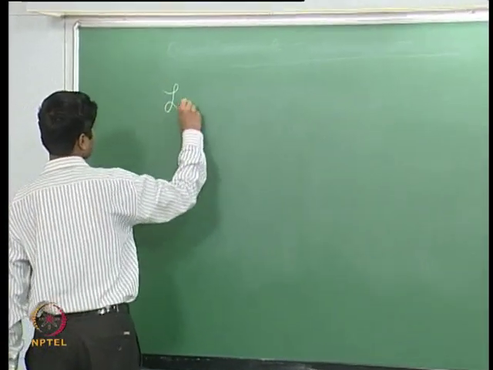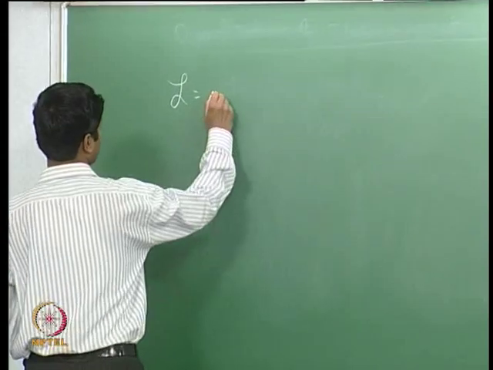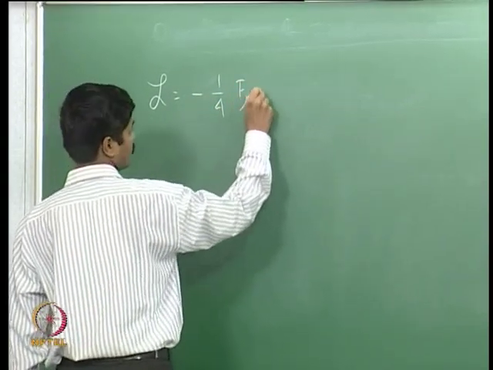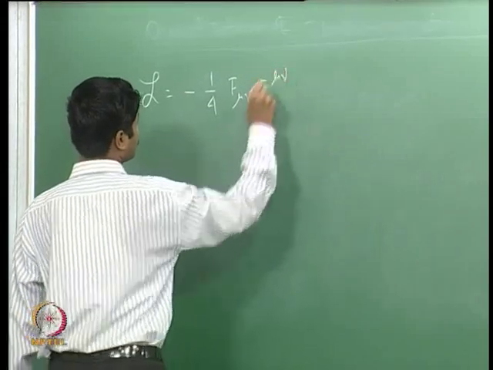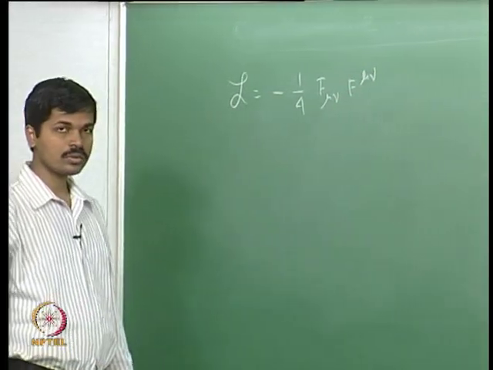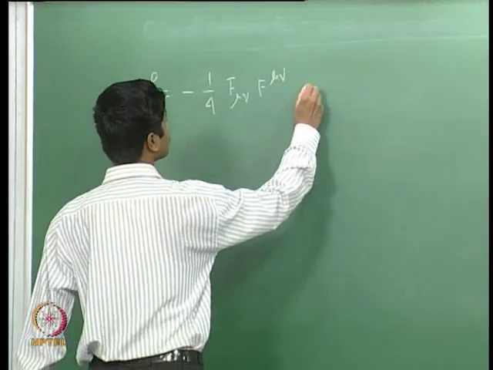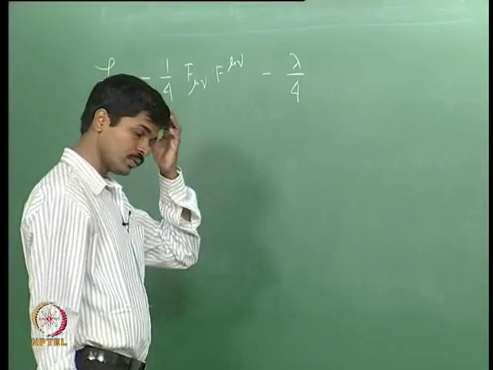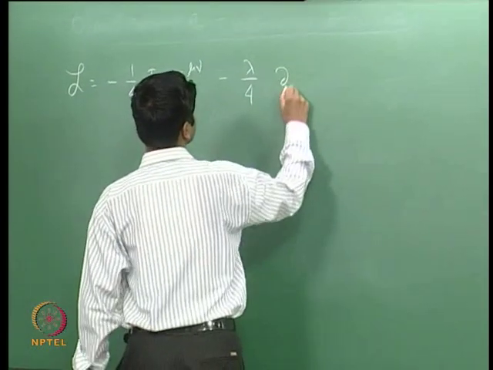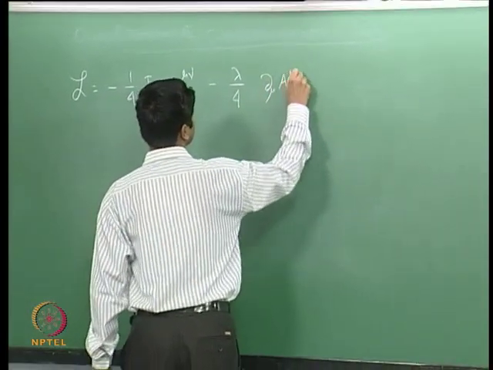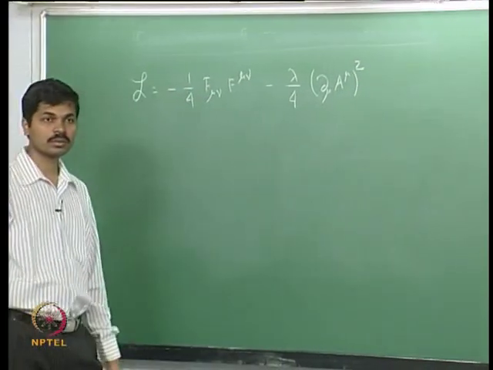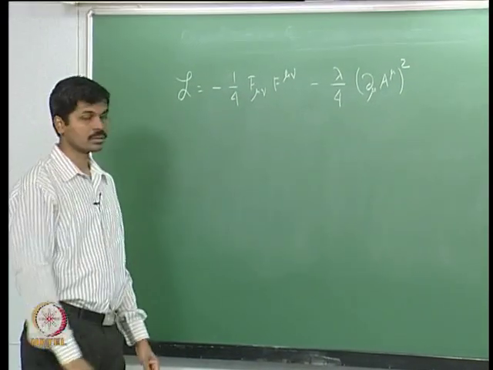So this is your Lagrangian density, minus 1/4 F mu nu squared. To this I have added this term, minus lambda over 4 times del mu A mu, squared.